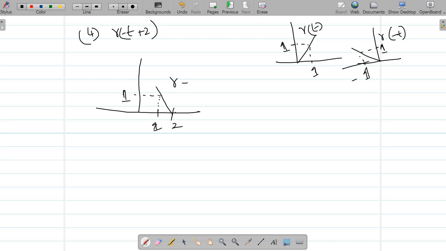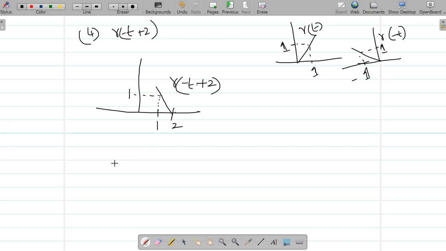Now this is r of minus t plus 2. So this is 1 and this is 1 here.